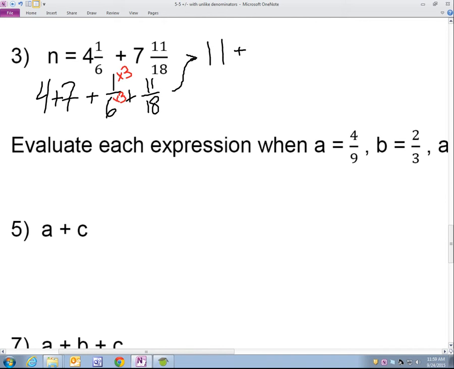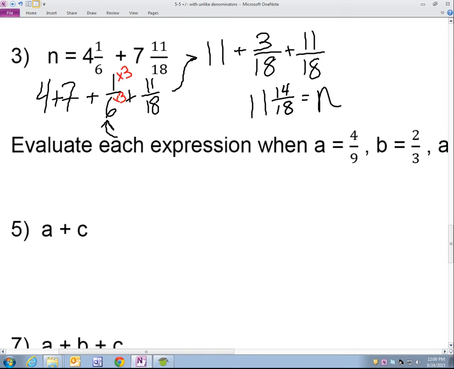4 plus 7 is 11. I'm doing what is happening here. 1 times 3 is 3. 6 times 3 is 18. 11 over 18. So now I have 11 plus 14 18ths. I don't need that plus in there. 11 and 14 18ths equals n.